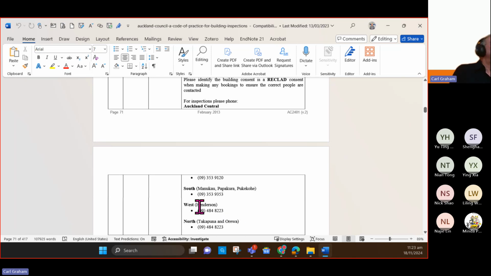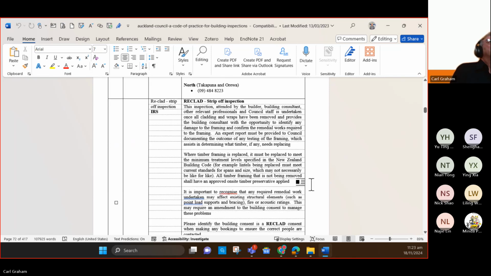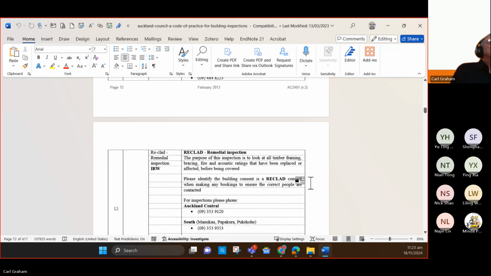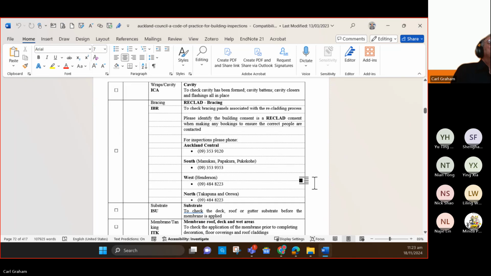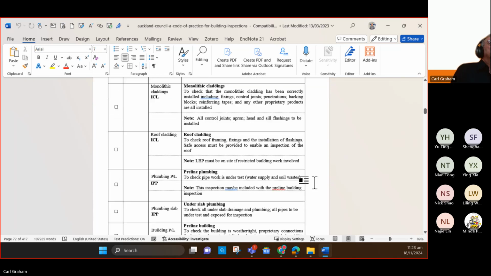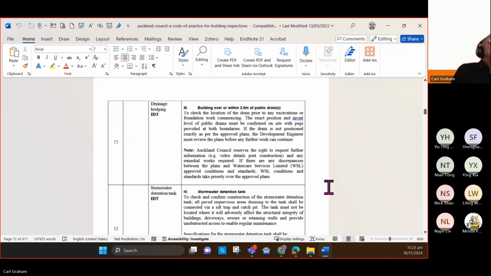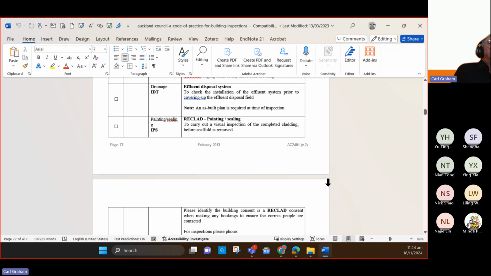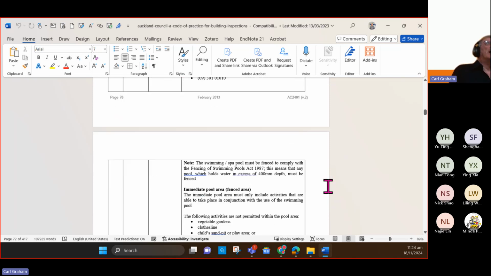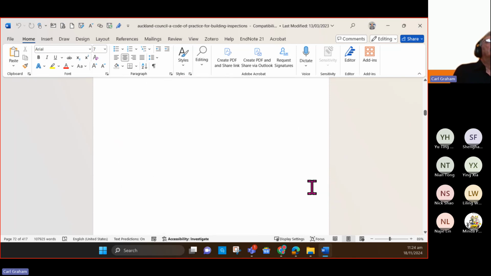So each one of those has a reclad team. So those are all the different types of inspections which relate to the ones up there. They just go a little bit deeper.